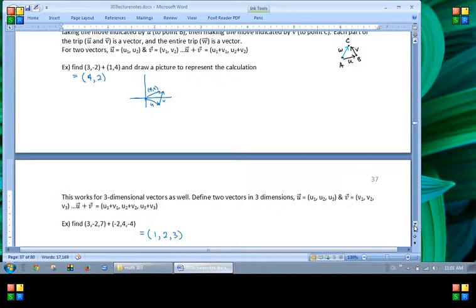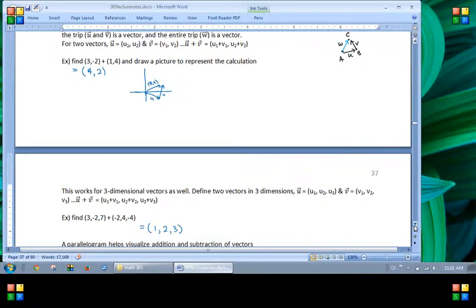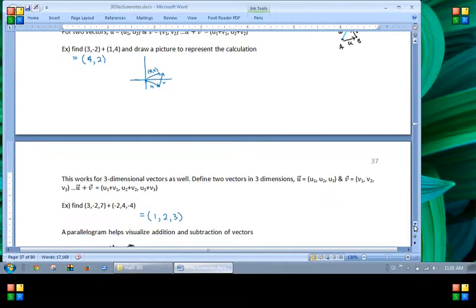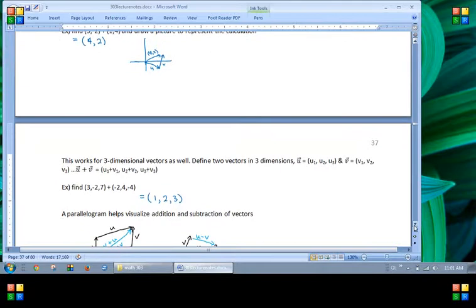Okay. Now, you might ask, in the previous example, why did I draw the vector v starting at a different point? Shouldn't it start at the origin, because that's what the vector is? Well, we can use a parallelogram to look at this full picture.